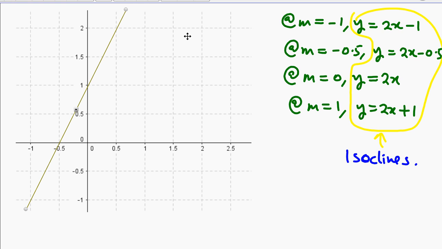Another one passes through 0. Because they are parallel, it's easier to actually draw them. Another one passes through -0.5. Another one passes through -1.